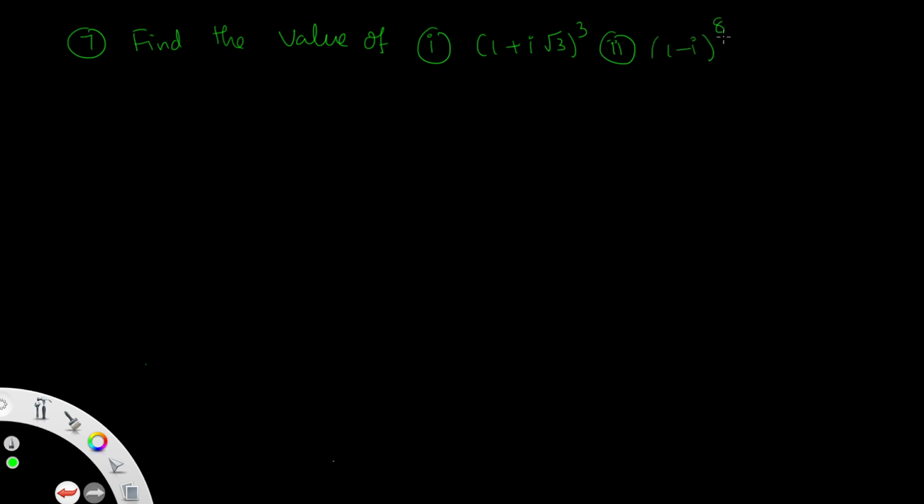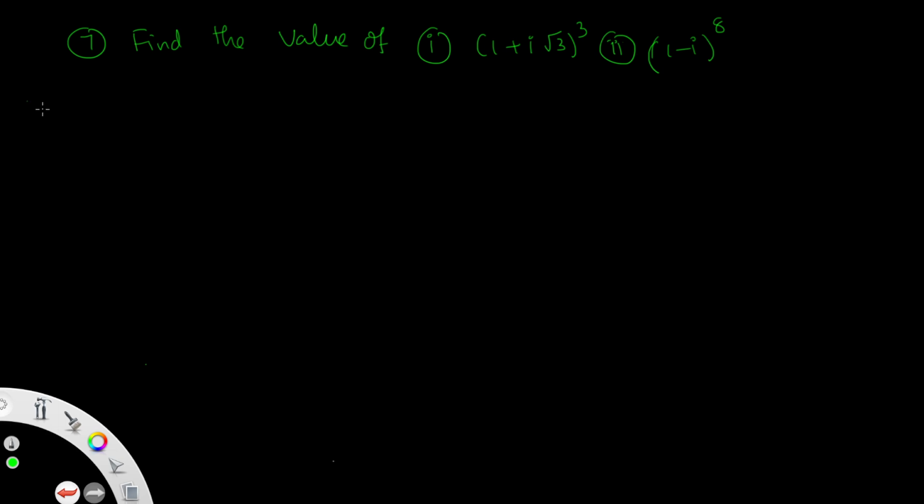Two bits are there, very important. This is for March IP questions. Find the value of (1 plus i root 3) whole to the power of 3, and the second one is (1 minus i) whole to the power of 8. Value, so simplify in the form of just a number; it will be answered in the form of find the value.